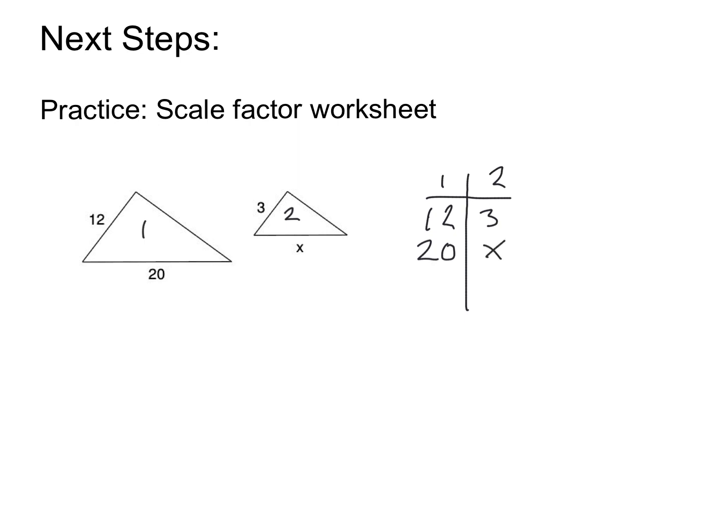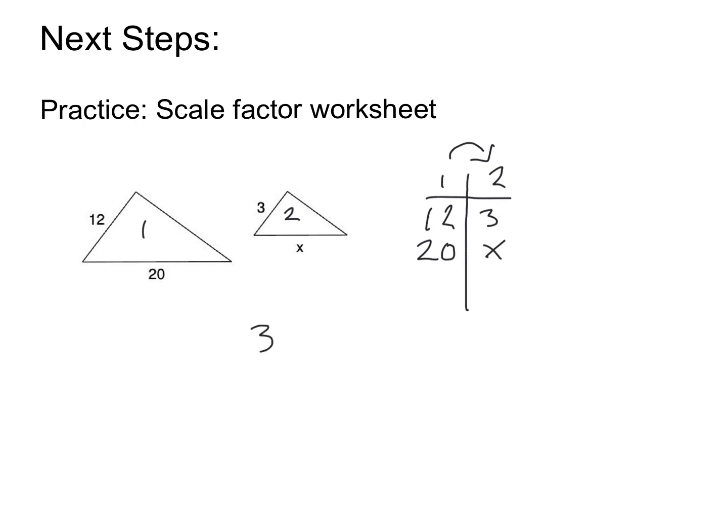So now I need to think, 12 times what is 3? What do I do? So the way that you can figure that out, one, you can think, what do I do to go from 12 to 3? Then figure out that we are going to divide.